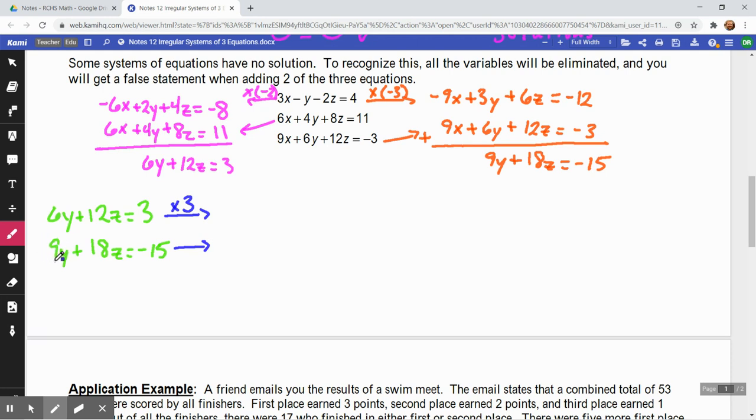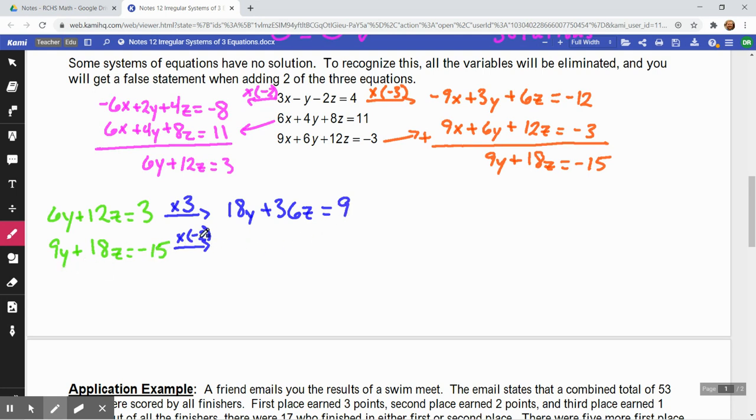We want a negative 18 to cancel with the positive 18 that we get up here. So that is why I'm going to choose to multiply by a negative 2. So let's go ahead and try that. Multiply the top equation by 3. We get 18y plus 36z equals 3 times 3 is 9.